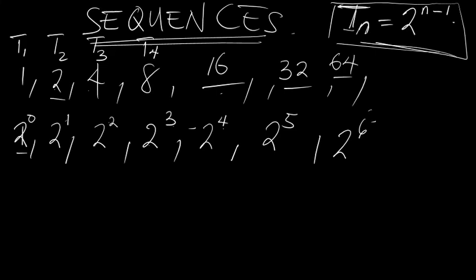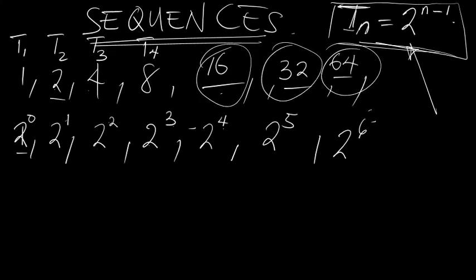So the nth term is this. So in terms of function, that is the sequence function, 2 raised to power n minus 1. Now this is how we're able to get these values.